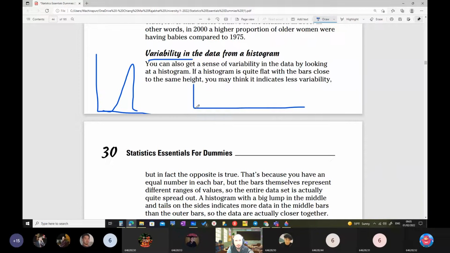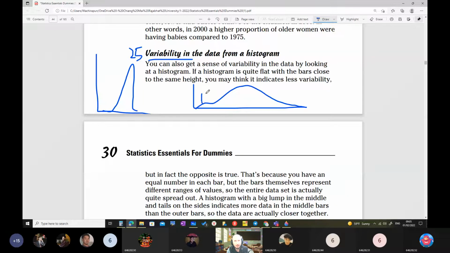Whereas if you look at like that, it means ages are different, right? Very important to understand. So it's like nobody has a baby when they're very young and nobody has when they're very old. They all have it approximately around 25.